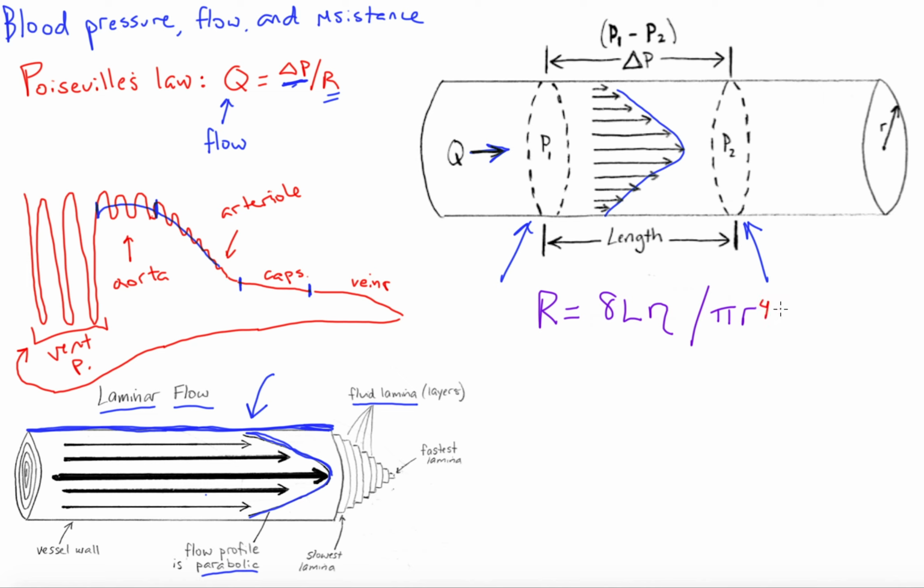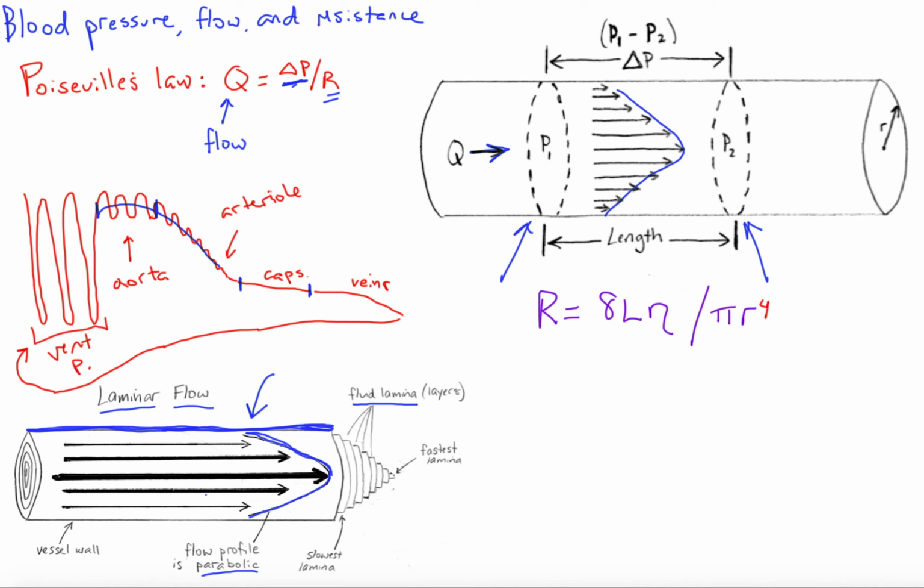That's the exponent to the fourth power there. All right, so let's assess all these components of resistance. Remember, resistance is opposing flow. Now, it can oppose it a little or a lot based upon how big these individual factors are.